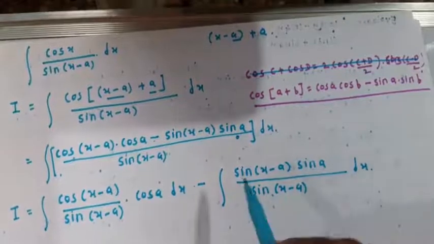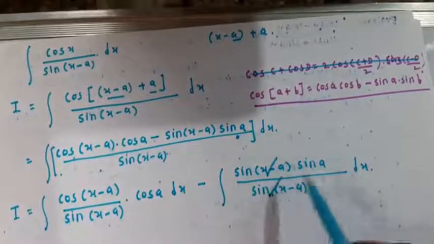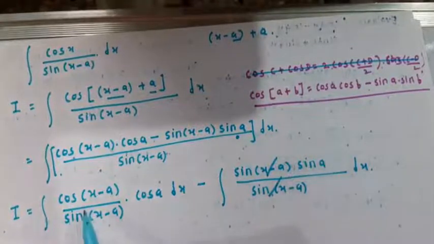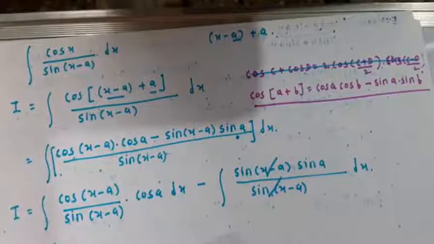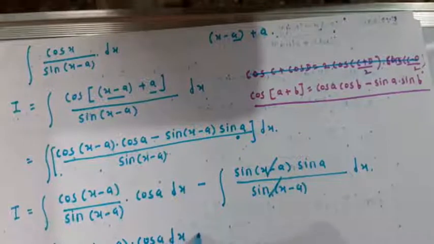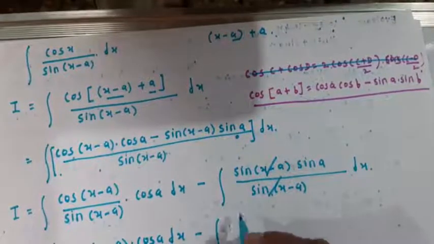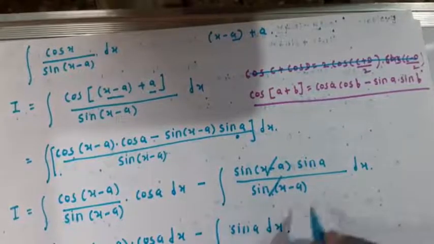Okay students, so here sin(x − a) gets cancelled. Now the integration is cos upon sin, that is cot(x − a), into cos a with respect to x, and in the second term sin gets cancelled, leaving the integration of sin a with respect to x.